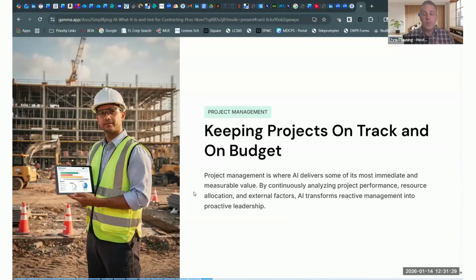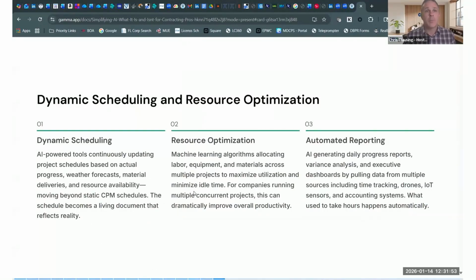And then for project management, we want to make sure that we're keeping the projects on track and on budget. So really, project management, I would say, again, in conjunction with the cost estimation and the scheduling, this is really where you see a lot of high value ROI, so return on investment for AI tools, and it can really impact the company as a whole in a significantly good way.